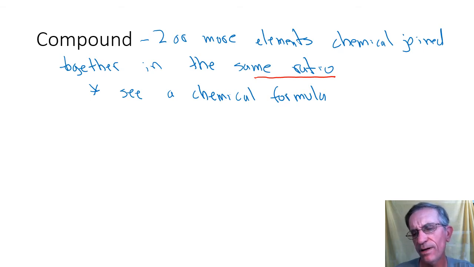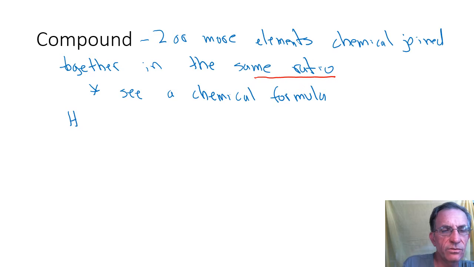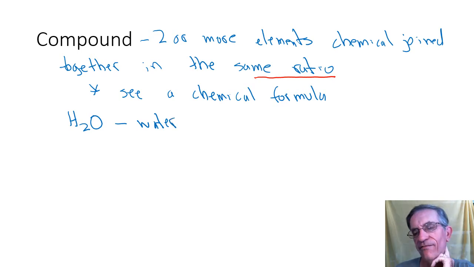So for example, probably the most common formula you'll ever run across is the formula for water. Do you know what the formula for water is? Water is H2O. H2O is the formula for water. If I can look up a formula, I must be thinking about a compound.